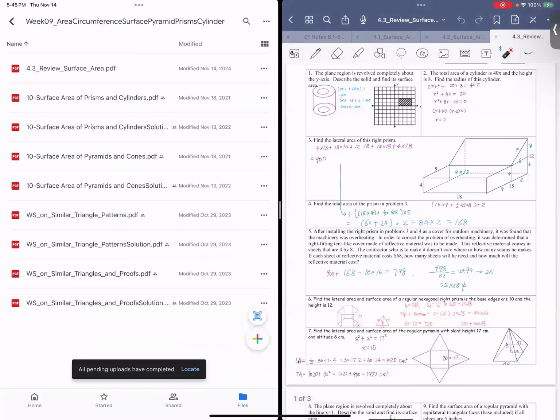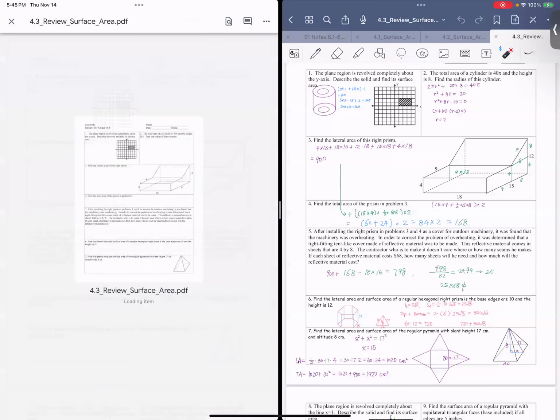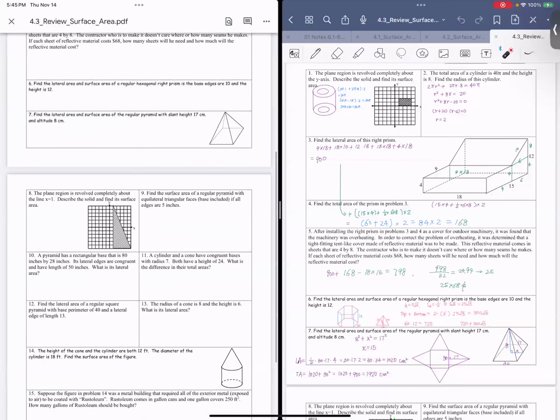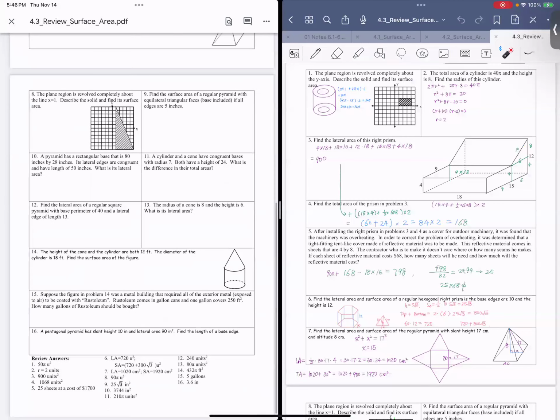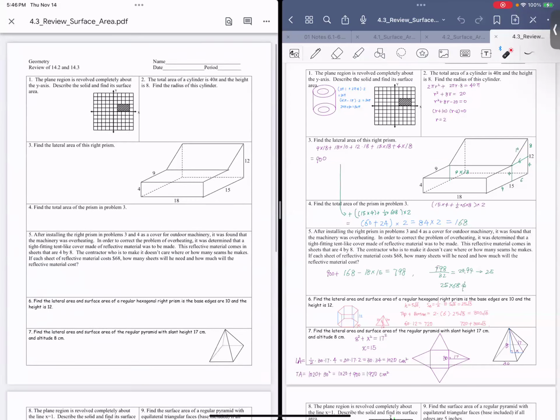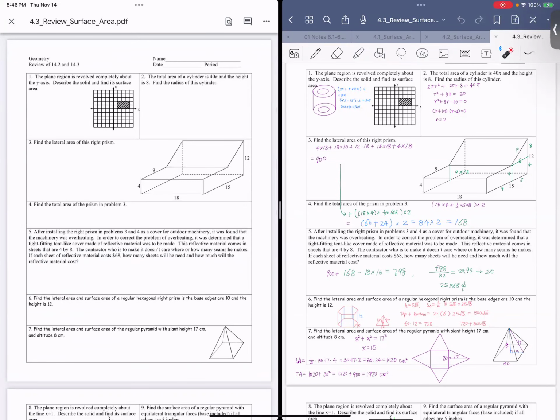Yeah, I uploaded a new worksheet. If you have a printer at home, please download this one, okay? I would like to give some advanced level questions so that when you have this training with me in those SAT, PSAT, or ACT, you don't need to worry about this kind of question.